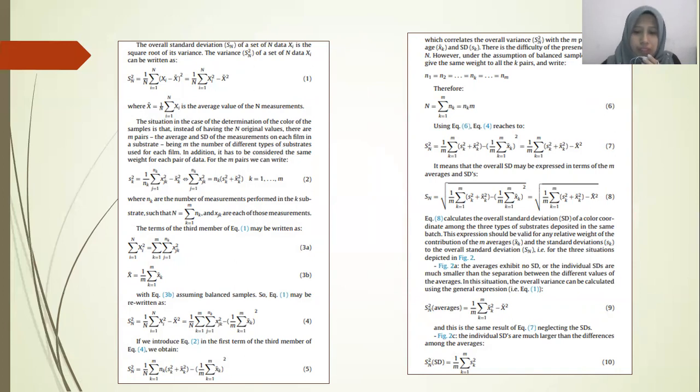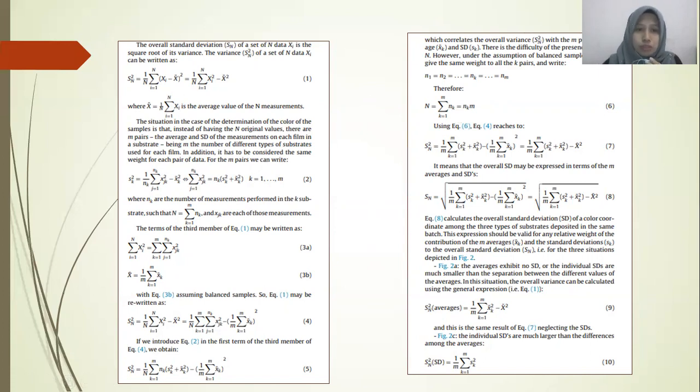The mathematical development was performed in order to calculate the overall standard deviation of any of the cases. So they will use all the mathematical development to produce a calculation for standard deviation.